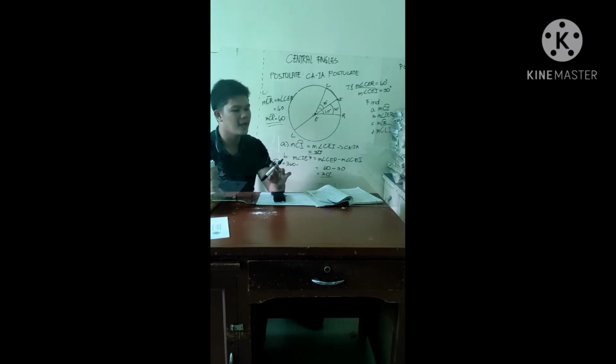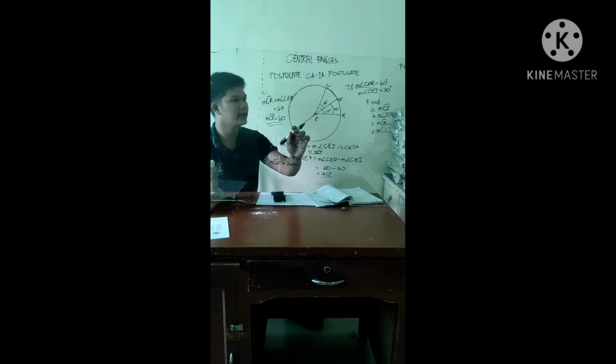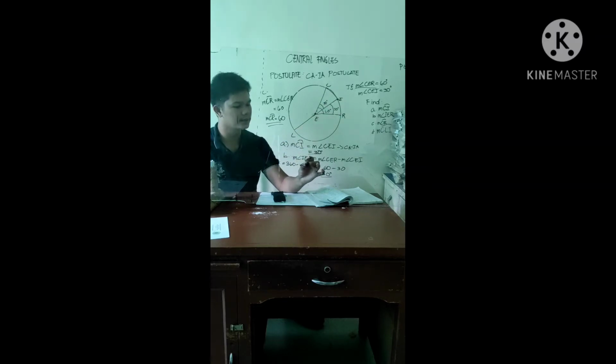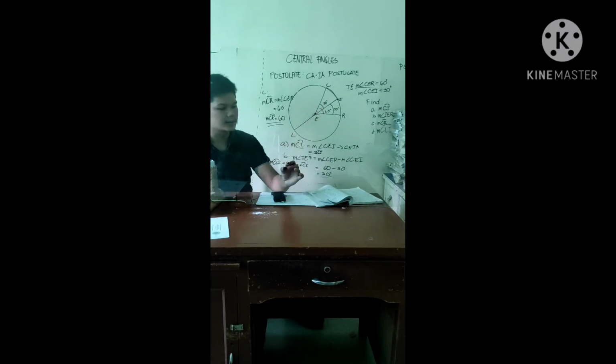So, si measure of arc CLI, yan yung hinahanap natin ng degree measure. So, si CI, or your minor arc, is equal to 30 degrees. So 360 minus 30, that is equal to 330 degrees.